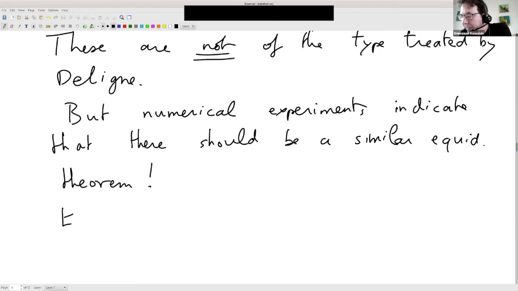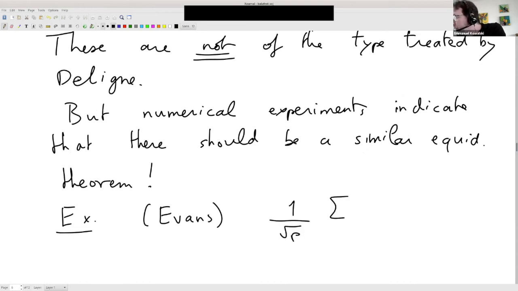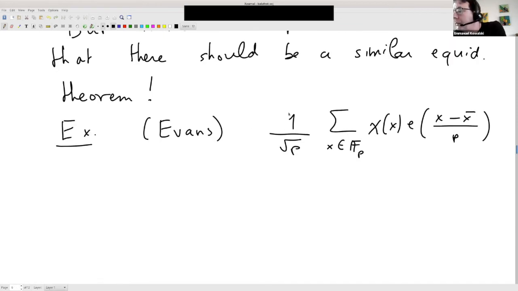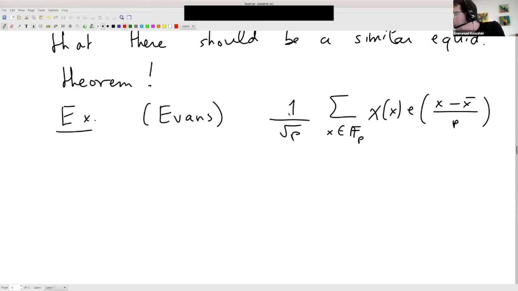So here's, I think, one of the first two examples that Katz looked at, because Evans had asked him about it, is the following. So it looks a bit like a Kloosterman sum. I'm just going to write the variant over F_p, but then you can take the version over extensions of F_p. So the x minus x bar has the advantage of making this a real number, as you can check by taking complex conjugate.